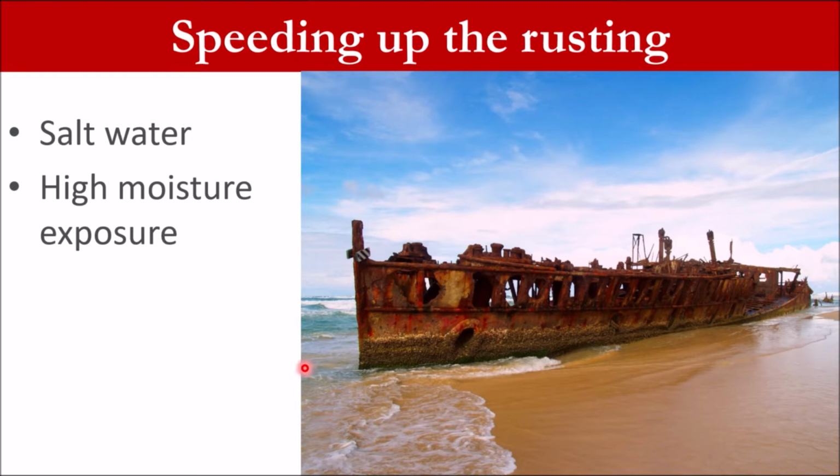How do we increase rusting speed? If you have a look here, we have an abandoned ship. This would indicate it was made of an iron frame structure, because as you can see, there's this orange-red color to it. Now, if you see any of those films where ships are under the ocean, they have quite a bit of rusting.